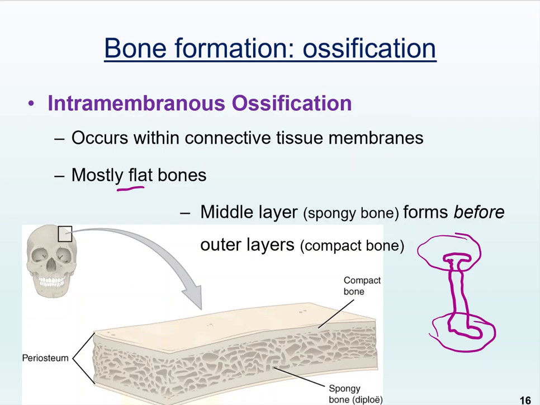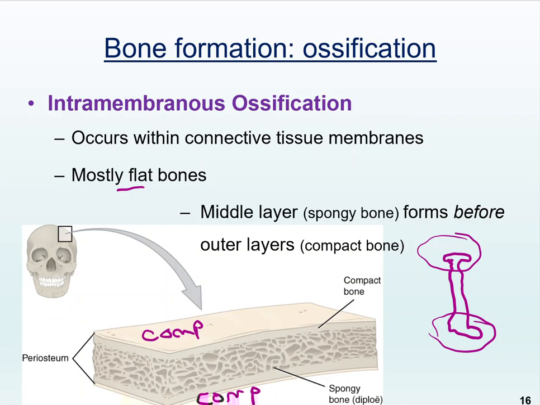Your flat bones look more like a sandwich, with compact, and spongy in the middle. So new bone is made differently than the way long bone is made, because of that different ratio and opposite arrangement: compact, spongy, compact versus spongy, compact, spongy.